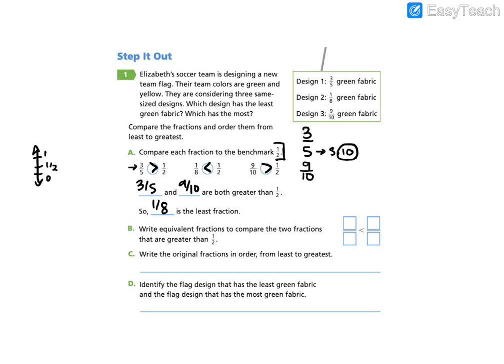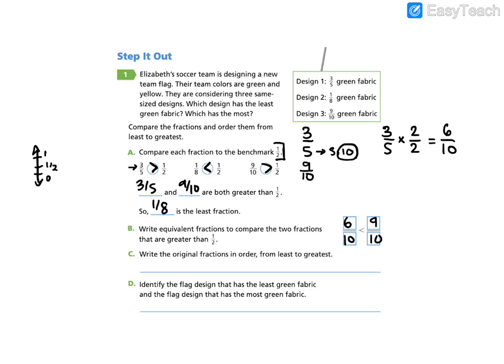Nope, it already has my common denominator. But for 3/5, I will have to generate a fraction with a common denominator of 10. 5 times 2 is 10, so I'm multiplying by the fraction 2 halves. And I get the equivalent fraction of 6/10. Well, what do I know about 6/10 and 9/10? 6/10 is less than 9/10.